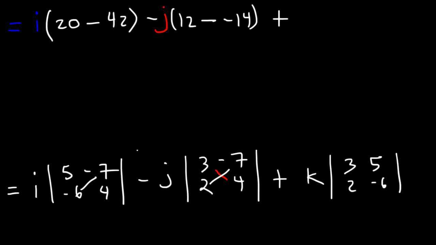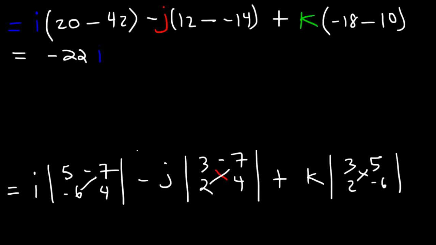And then we have k. 3 times negative 6 is negative 18. 2 times 5 is 10. So it's minus 10.